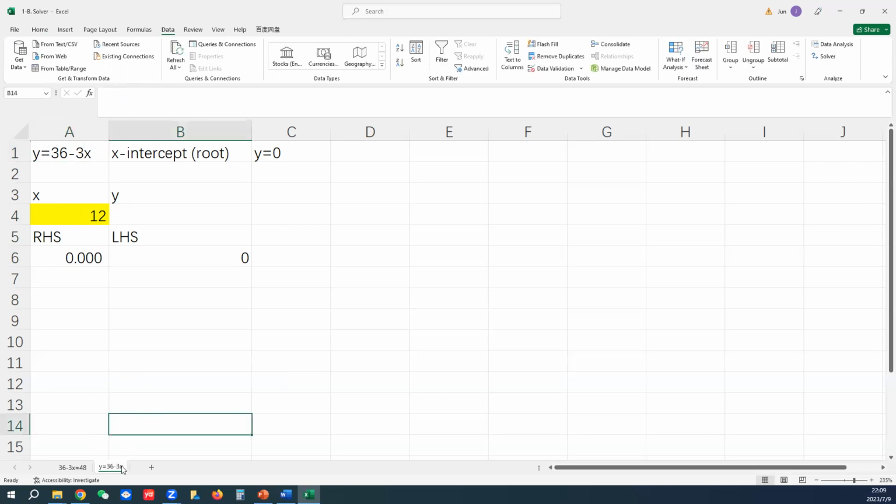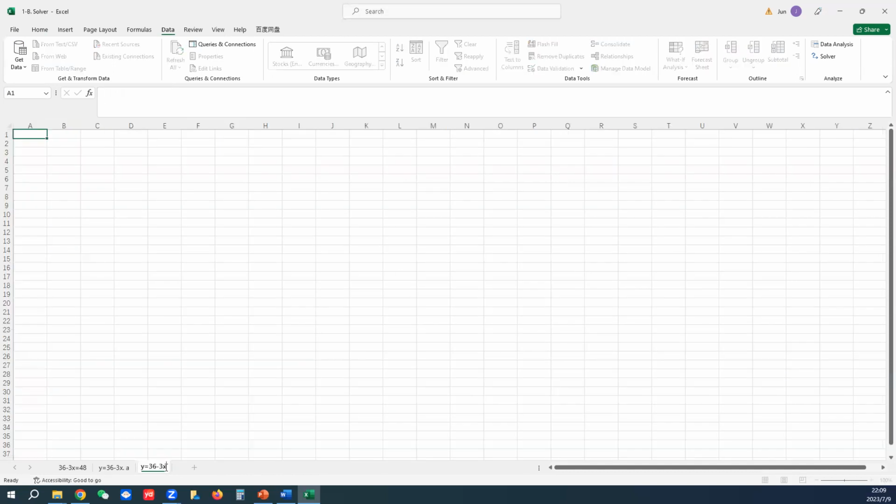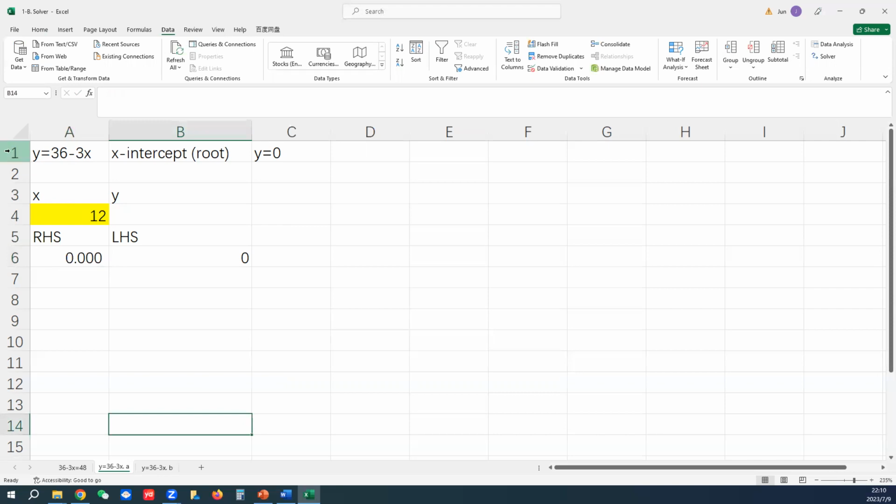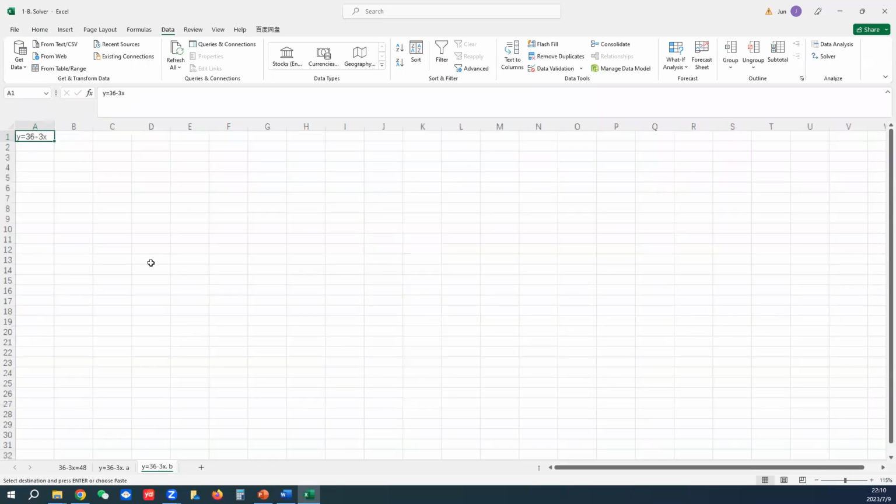I'll label it as point A. And the second version of the same question is the point B version. The previous setup is the same, just copy and paste.